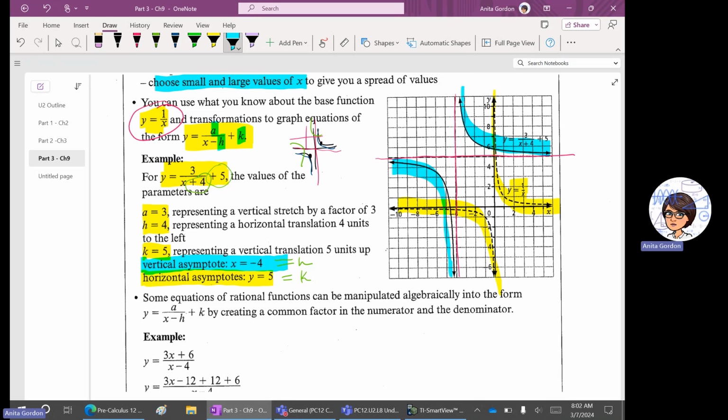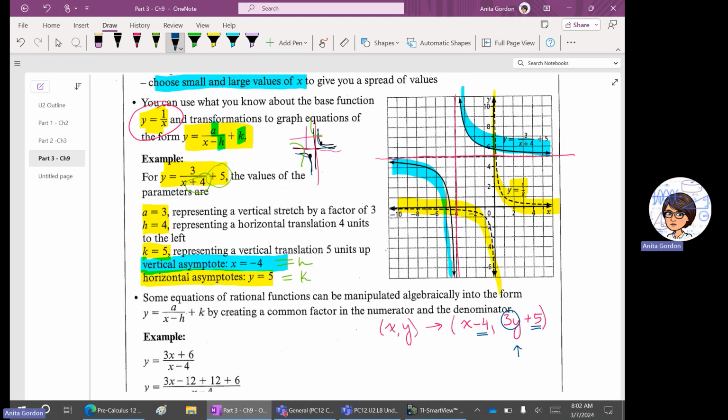However, when you think of the mapping notation, right, we have (x, y) mapped to, let's see here, (x minus 4, 3y plus 5). My asymptotes are at y equals 0, the original one. So when I put a 0 in here, the stretches don't really affect it because anything times 0 is 0. So only the horizontal and vertical shifts affect the asymptote. So we can always kind of know where we're starting off with just by looking at the equation.